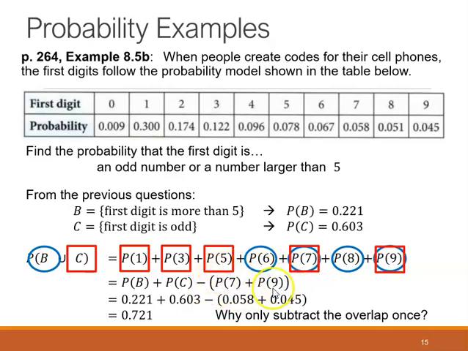What is the probability of 7 plus the probability of 9 really, in set speak? What is that event?